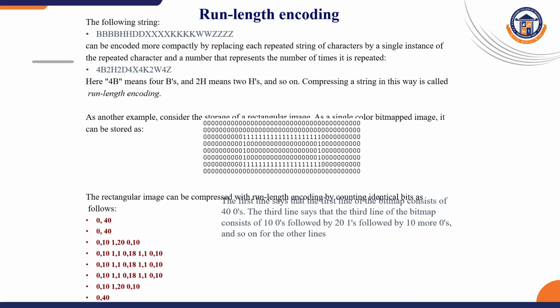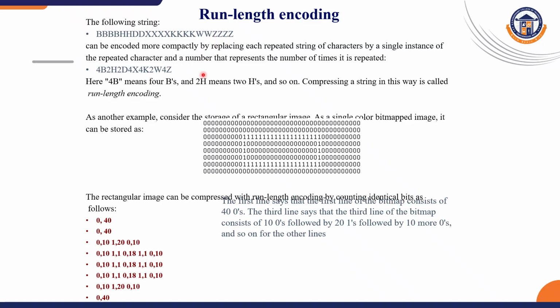Now run length coding. The following string is given: BBBB, HH, DD, XXXX, KKKK, WW, ZZZZ. You can represent the repeated alphabets with numbers, that is 4B, 2H, 2D, 4X, 4K, 2W, 4Z.